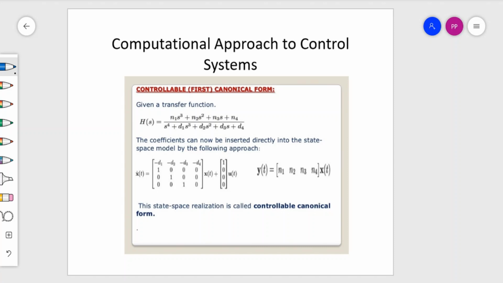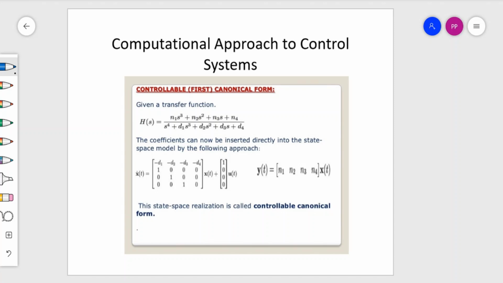Here on the screen you are presented with the transfer function in the S domain, which you are aware of as you have gone through the control system course. This transfer function can be represented in the form of a matrix when you are considering the entire system for our problem.